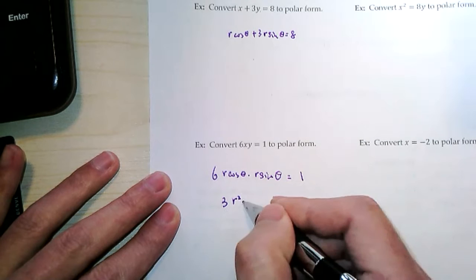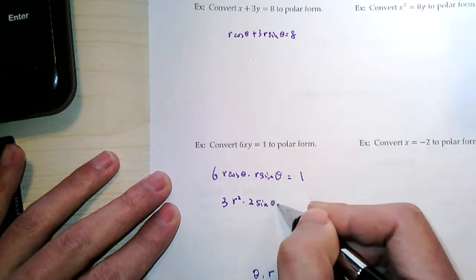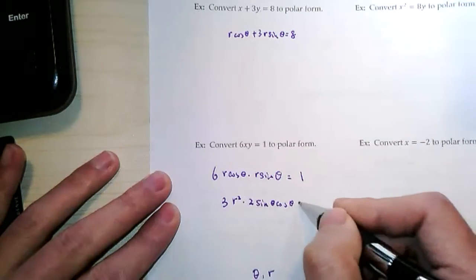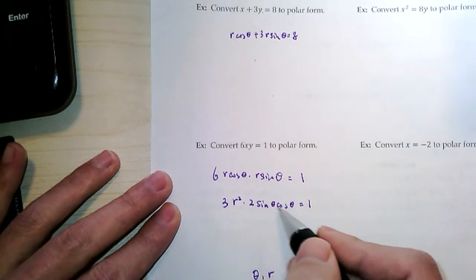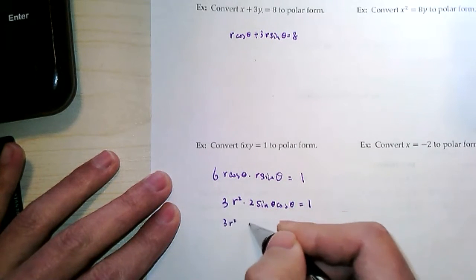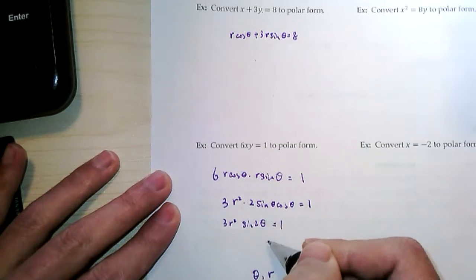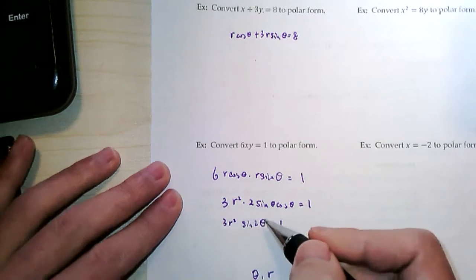I need 3 here, I need 2 here. 2 sine cosine. Okay, I just rewrite everything in terms of r and theta, equal to 1. And as you can see, what is 2 times sine theta cosine theta? It is sine 2 theta. So r squared sine 2 theta equal to 1. That's it. Okay, anyone has any question?